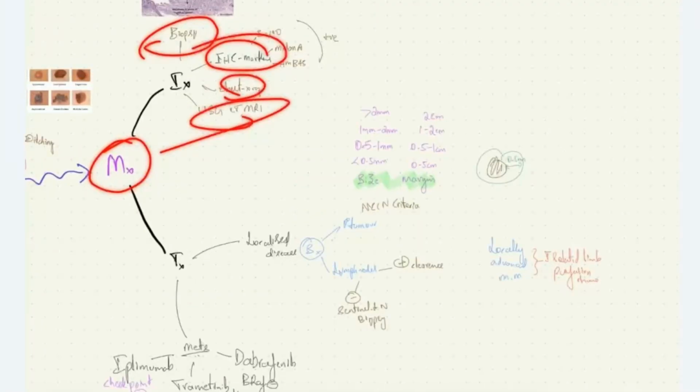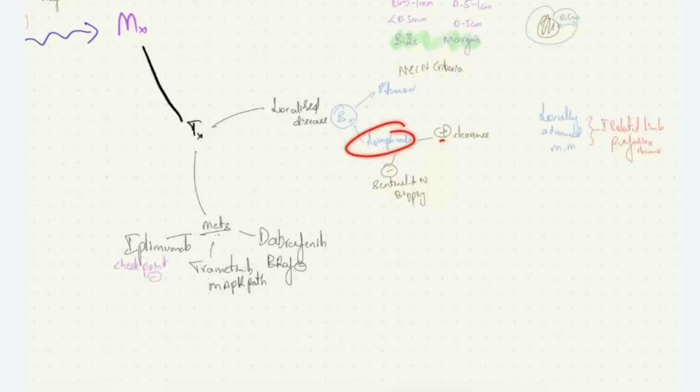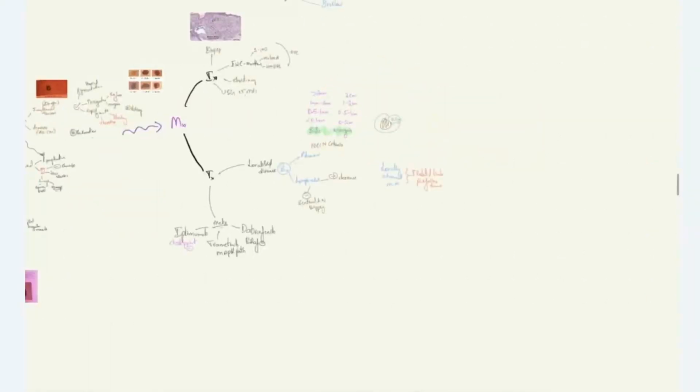And then the treatment: for localized disease, we excise based on NCCN criteria, lymph node clearance if it is involved. In case of metastasis, we give ipilimumab, trametinib or dabrafenib treatment. If the patient has locally advanced malignant melanoma, we do isolated limb perfusion chemotherapy. This is all about malignant melanoma.